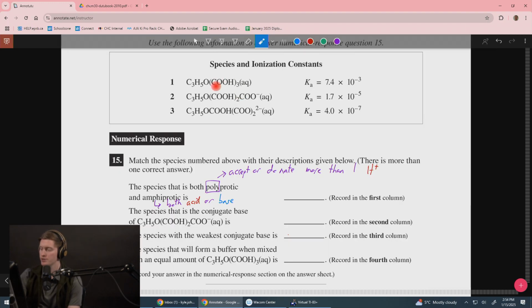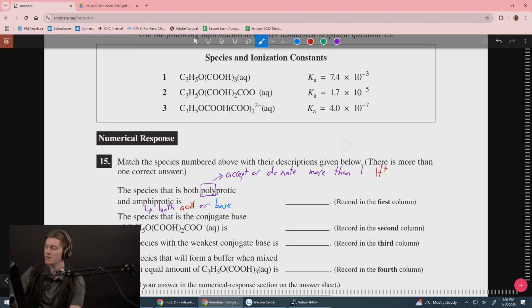The acidic protons are combined with this organic acid group. This is a carboxylic acid group in brackets here. So substance number 2 here has 2 acidic protons because there's 2 more of these carboxylic acid groups here. And substance number 3 only has 1 acidic proton. But substance number 2 also has a negative charge. Substance number 3 also has a 2 negative charge.